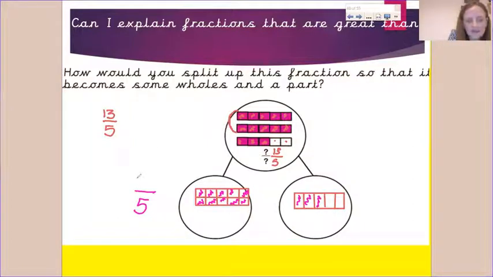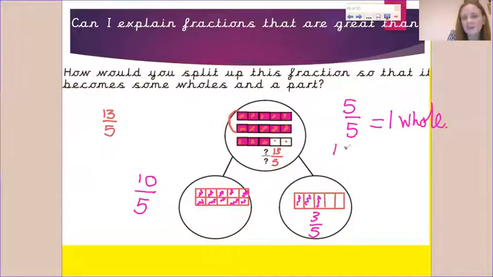So this I can even say is going to be 10 over 5 and 3 over 5, because 10 are colored in and 3 are colored in there. Again, I've already said to you that 5 over 5 is equal to one whole.